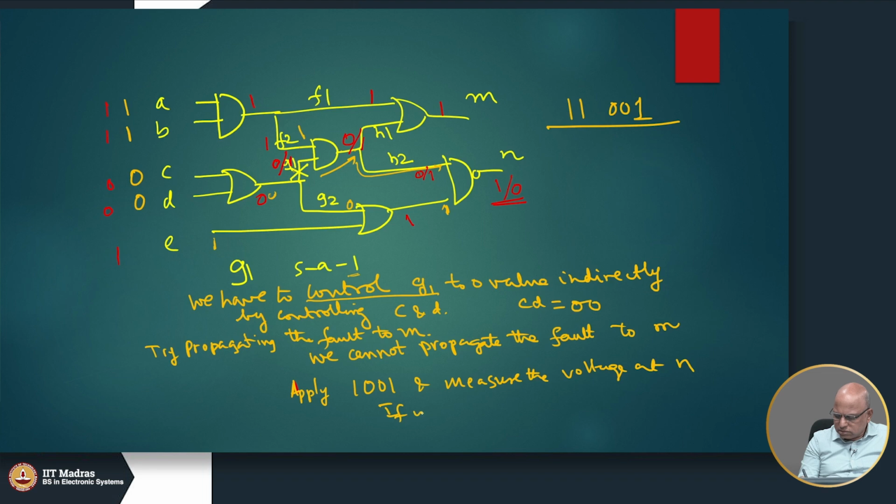If it corresponds to a logic 1, then G1 stuck at 1 does not exist. If it is 0, then fault G1 stuck at 1 may exist. We can't say it exists, because as you know, there may be some other fault which causes the same problem.